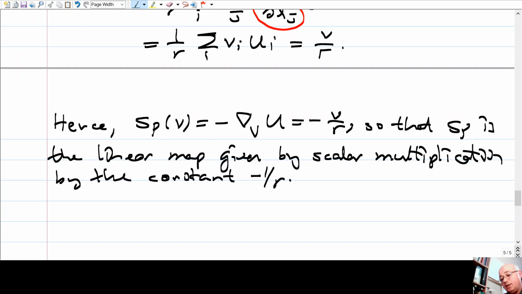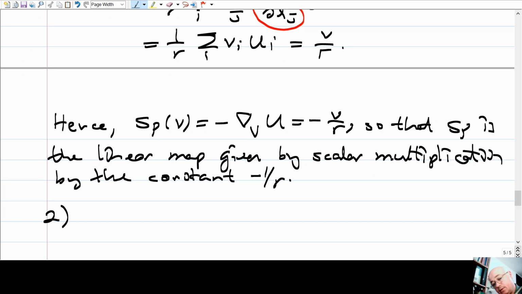So we see that the shape operator of a sphere of radius r is a simple object. It is just minus 1 over r times the identity operator.